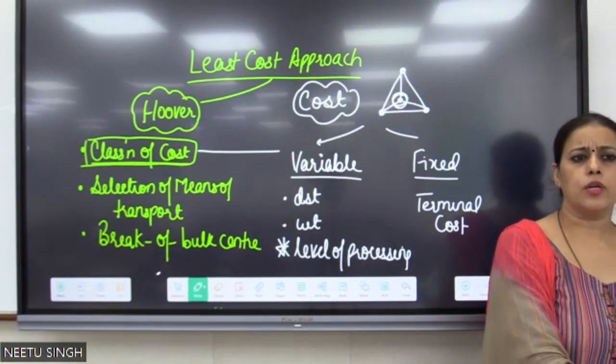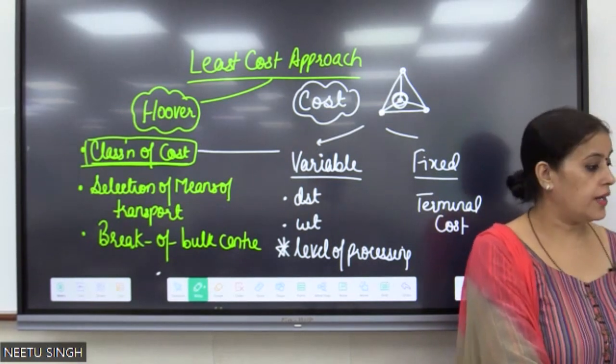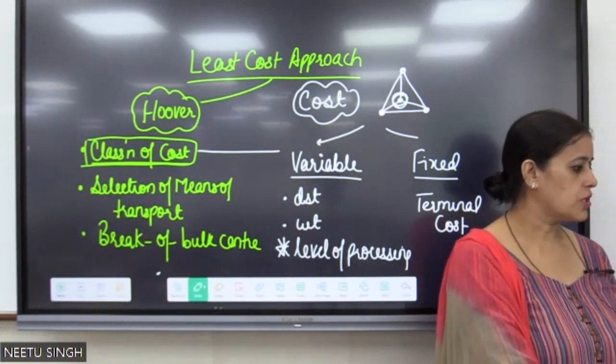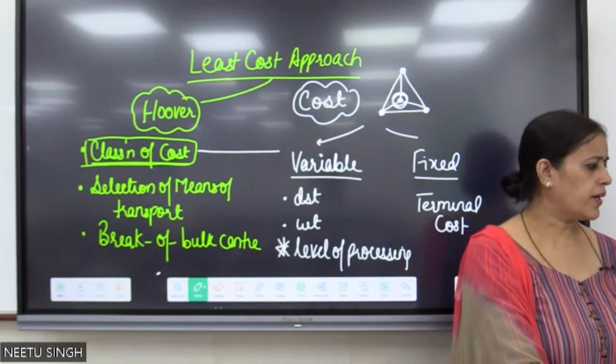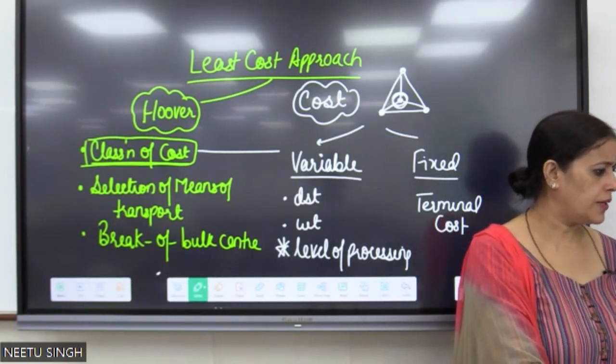He never talked about level of processing and he never talked about fixed cost. Is this much comfortable with all of us? Can we quickly write this point of Hoover?